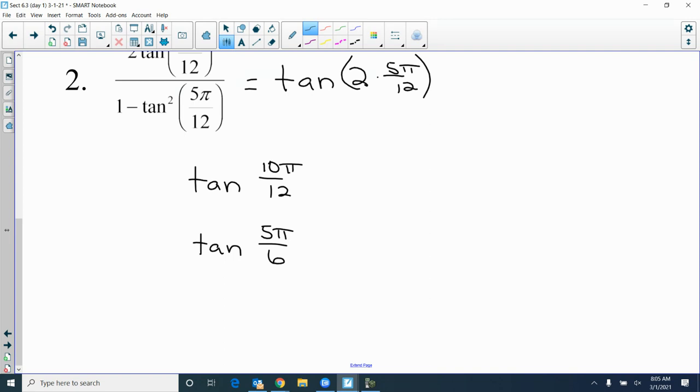All right, this is good practice for tomorrow and Thursday. What's the tangent of 5 pi over 6? See if you remember where that is and how to calculate it. And make sure you always double check, is it positive or is it negative?